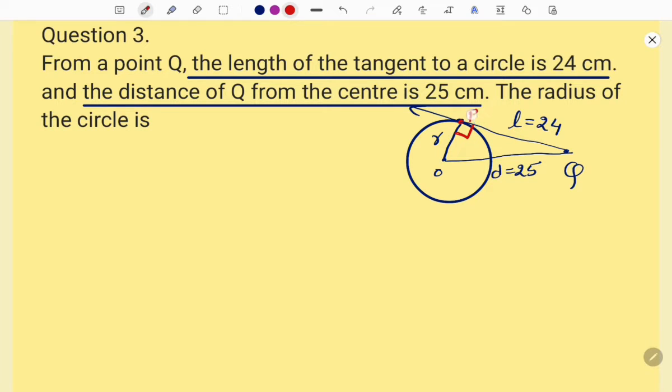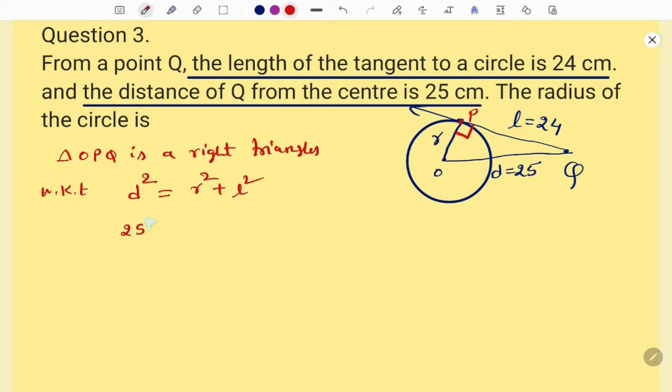Suppose the point of contact is taken as P. Now triangle OPQ is a right angled triangle. So from the Pythagoras theorem, OQ square, meaning D square, is equal to R square plus L square. D square is equal to side square plus another side square. You know the D value is 25.